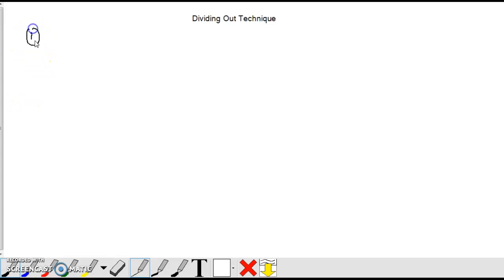Okay, so say we have this problem, and it says the limit as x approaches -3 of x squared plus x minus 6 over x plus 3. So if you were to get this problem, hopefully the first thing you did was try to plug in the -3. So let's see what happens.